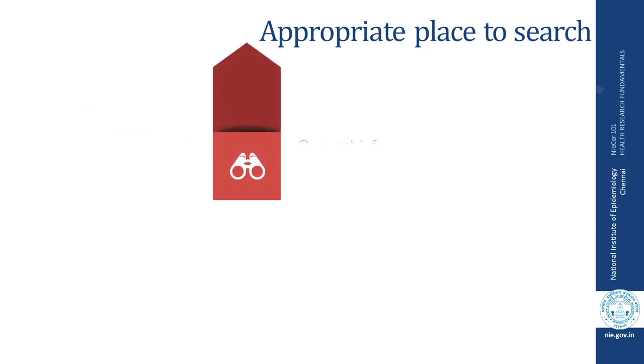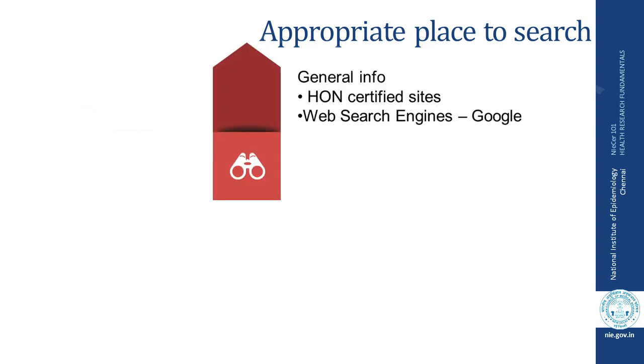Okay. So, where do we have to search? Which is the appropriate place to search for the required information? It may be general information about a specific health related event or a disease. For this, we already know that Google is a huge search engine which has a huge database of information. But from all the Google results, we know we cannot rely entirely on that.